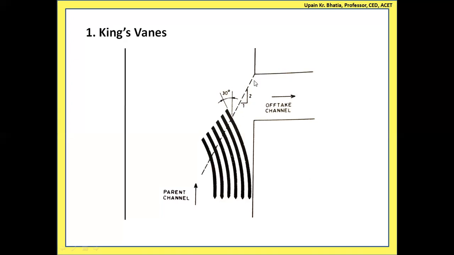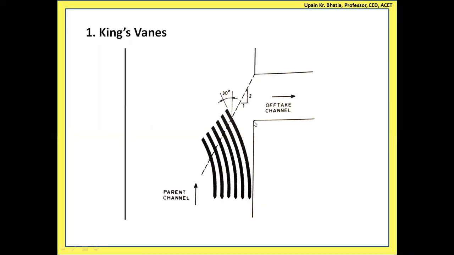This is an imaginary dotted line with the slope 2 along the parent canal and 1 along the off-take channel. Because water is moving from bottom to the top of your screen, this is the off-taking channel. These two corner points are on the upstream side, or the head, of this offtake channel.